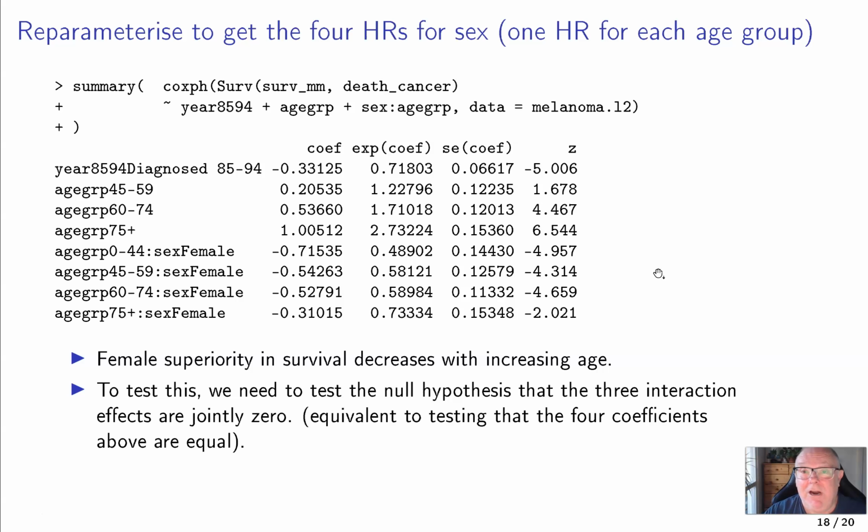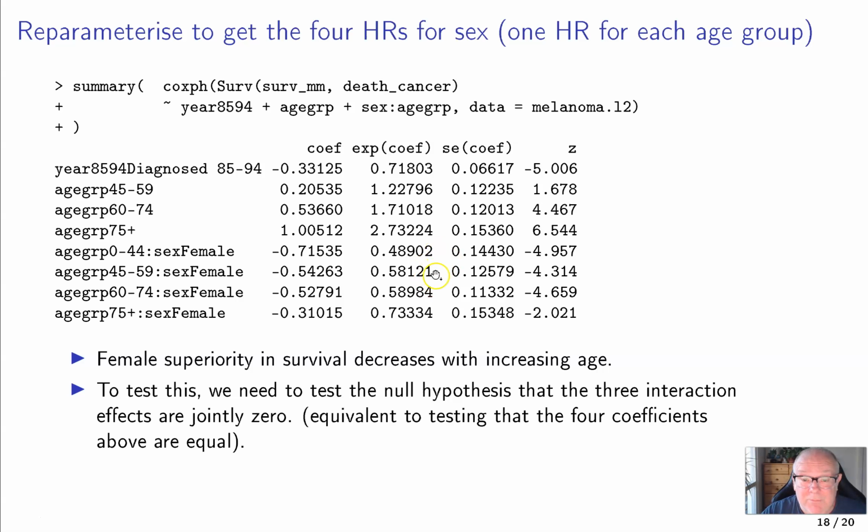So we can reparameterize using the exact same trick before to get the 4 hazard ratios for sex, 1 hazard ratio for each age group. And what we see, for the youngest patients, females do considerably better. Females have 51% lower mortality than males for the youngest.